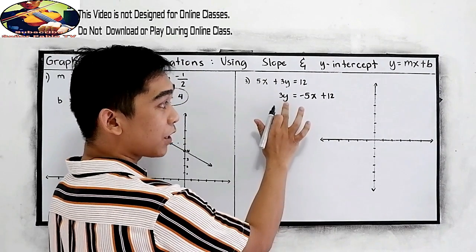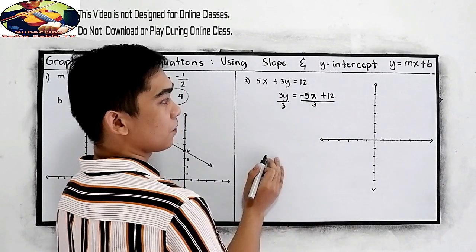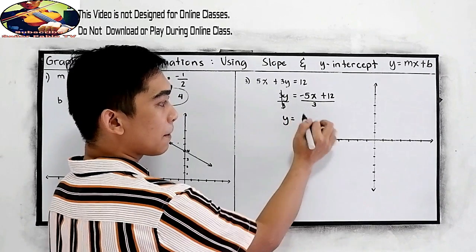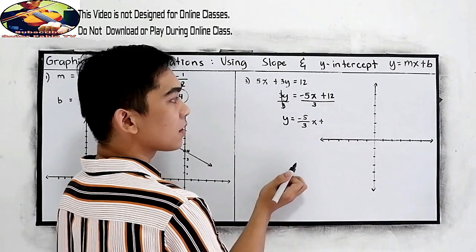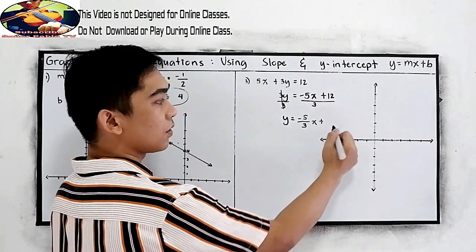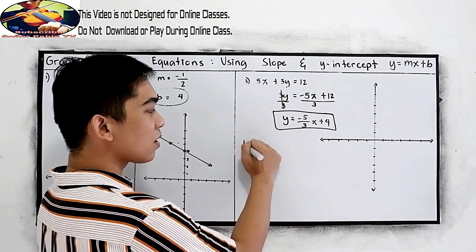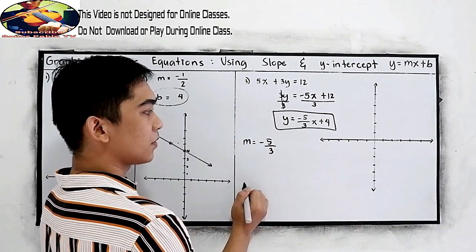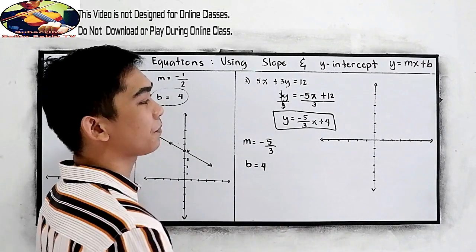Now, to find y, divide the equation by 3. Cancel. Y is equal to negative 5 over 3x plus 12 divided by 3, which is 4. Now, our slope is negative 5 over 3, and our B, the y-intercept, is positive 4.